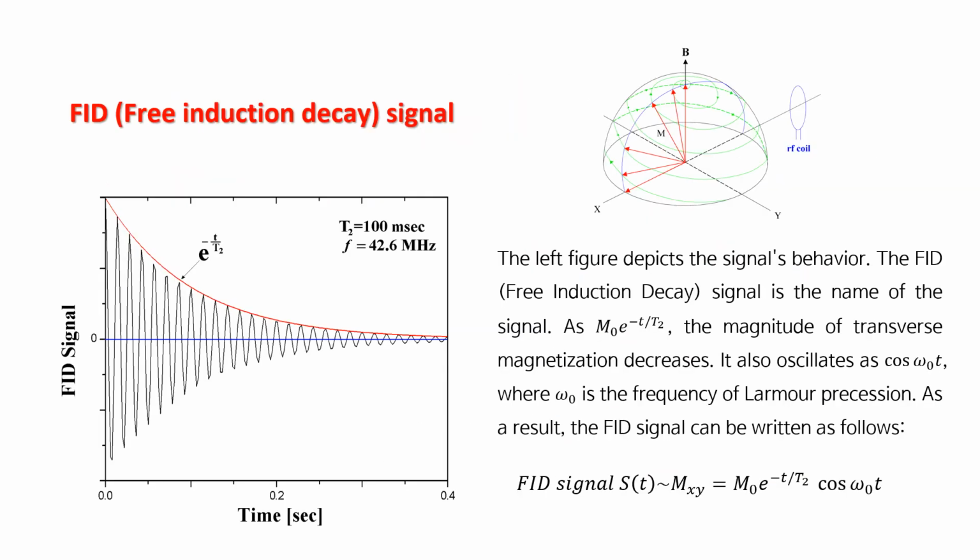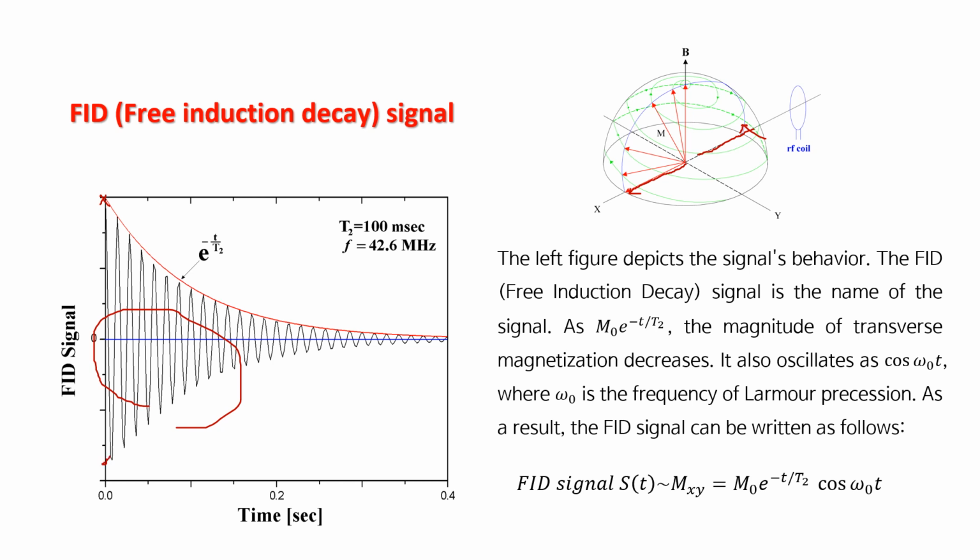So we can detect this kind of signal. At this position, it becomes maximum, and it moves with spiral motion going up, and then the transverse component of magnetization becomes smaller and smaller. At this position is the minimum value.